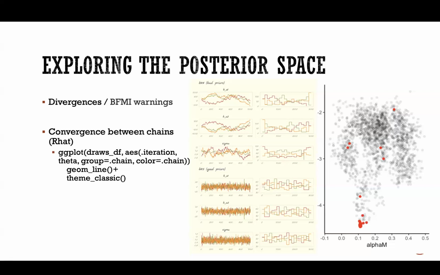So here you see some representations of the chain. We've seen that you can run more than one chain in your sampler. We see the iterations on the x-axis and the value that is sampled on the y-axis. And we see that different chains are exploring the space very differently. Not only that, but their steps are highly correlated.